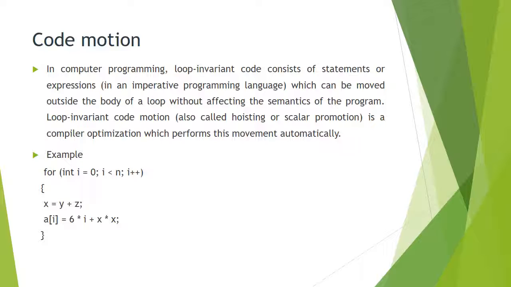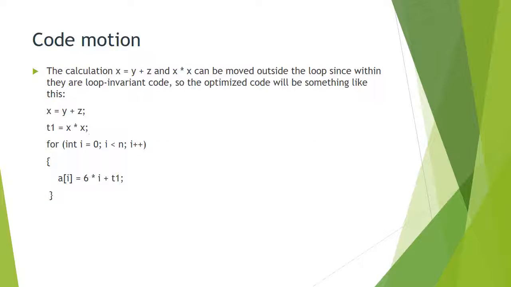For example, for int i equal to 0, i less than n, i plus plus, inside the for loop we are writing x equal to y plus z and a[i] equal to 6 star i plus x star x. So the calculation of x equal to y plus z and x star x can be moved outside of the loop since they are loop invariant code.